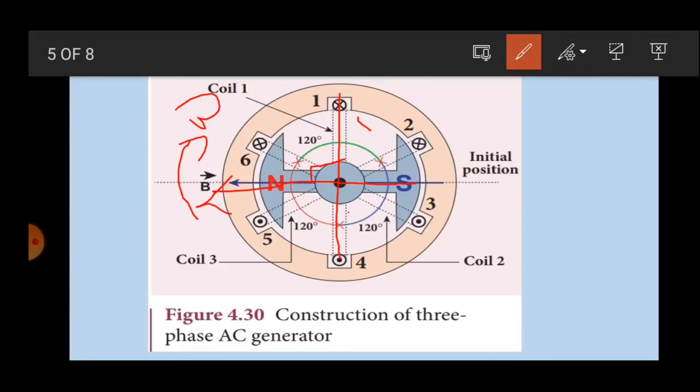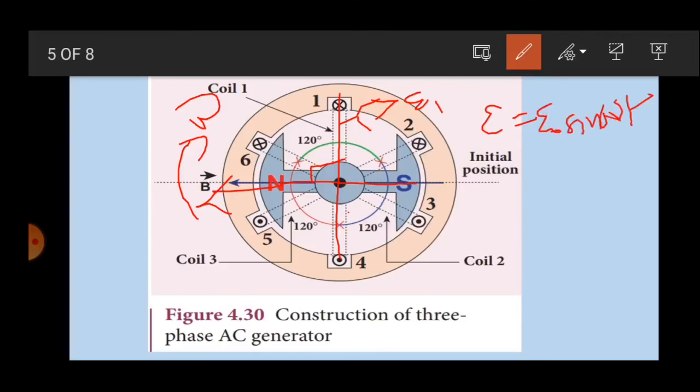Now the field magnet is rotated from that position in the clockwise direction, producing an alternating induced EMF in coil 1. This induced EMF epsilon 1 begins a cycle from origin O. Already you know that induced EMF is equal to E naught sin omega t.